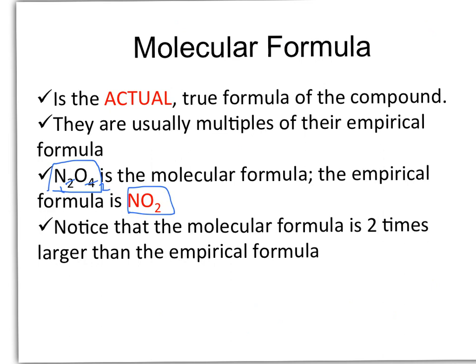And N2O4, dinitrogen tetraoxide, is the molecular formula. If we were to look at the chemical formulas more clearly, you will notice that the molecular formula is 2 times bigger than the empirical formula. You'll see that that will also be the case in its mass.